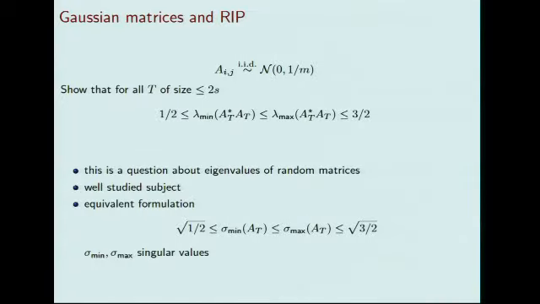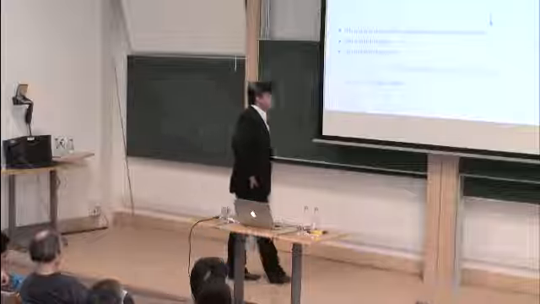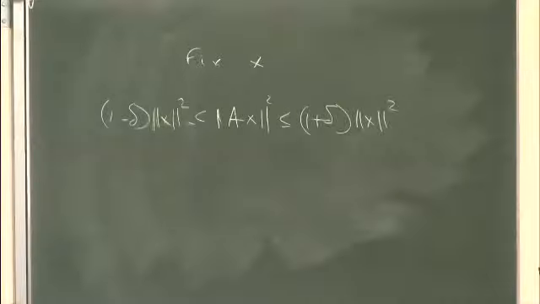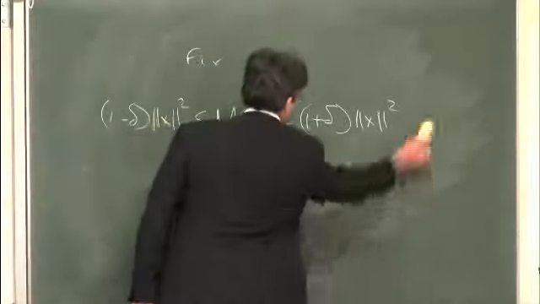Okay, so it's well known in our business that A star A is a Wishart matrix, and so it's a question about eigenvalues of Wishart matrices, a topic that has been extensively studied. An equivalent formulation is to show that the singular values of your matrix A_T are well separated from 0.